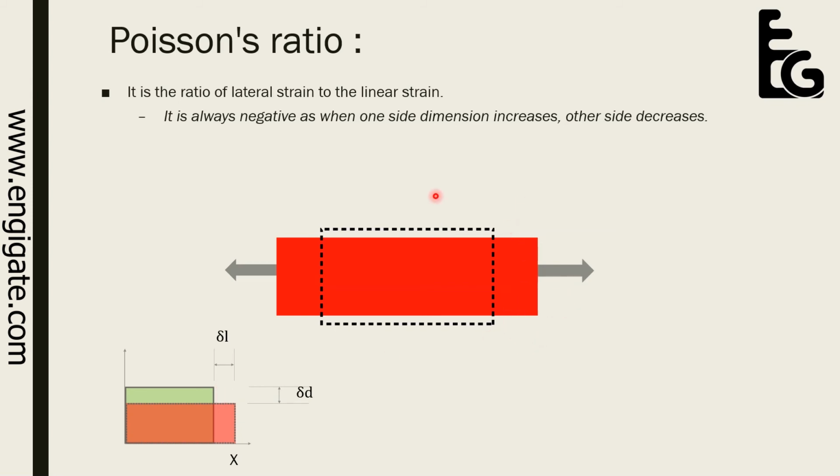It is always negative as one dimension increases and one decreases, but we take it positive only. So Poisson ratio equals epsilon lateral divided by epsilon linear, mu equals epsilon y by epsilon x or epsilon z by epsilon x.